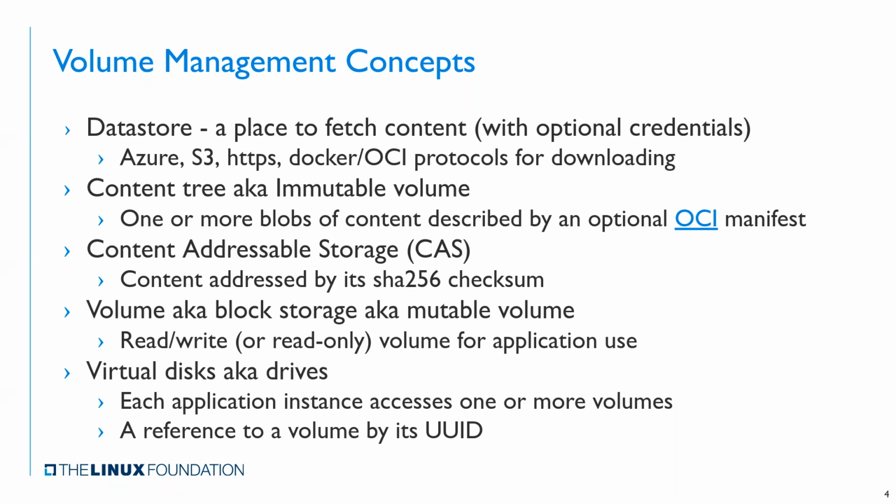So when we started, we had images, we had data storage, we had images, and then drives. These additional layers with content trees and volumes were added as we went along to enable better use and better management of this, being able to explicitly pre-provision things.